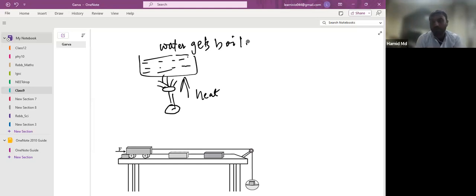So this is called the conservation of energy. Clear what is conservation of energy? Did you get what is conservation of energy? We will explore this in detail in the coming section.